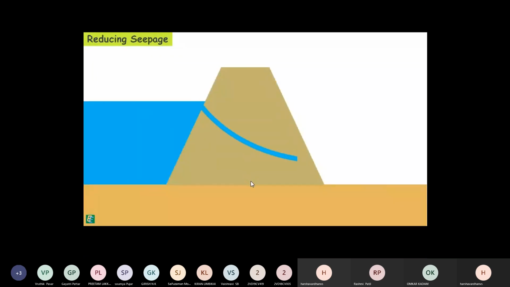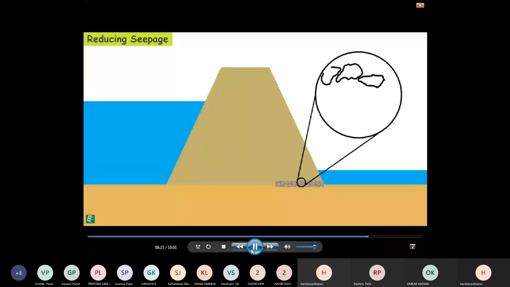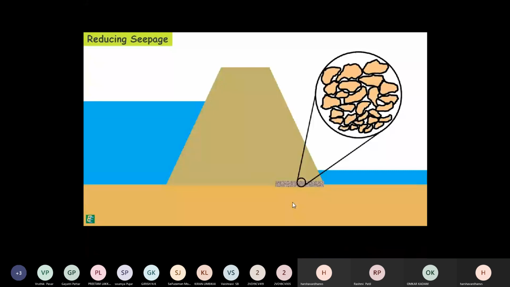If piping is happening in the body of the dam, you can reduce the seepage by constructing an impervious core, or you can reduce the seepage by providing a dam filter. The dam filter is similar to the filter provided in rainwater harvesting.